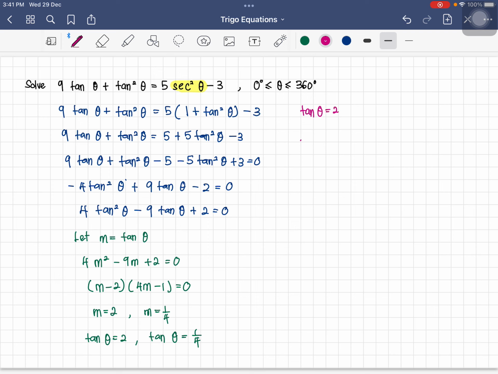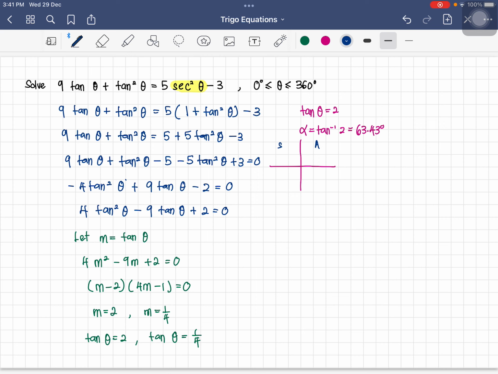Let's look at the basic angle. How to find your basic angle? Suppose I take the basic angle as alpha. So I get it as tangent inverse of 2, and the answer is 63.43 degrees. That is your basic angle.